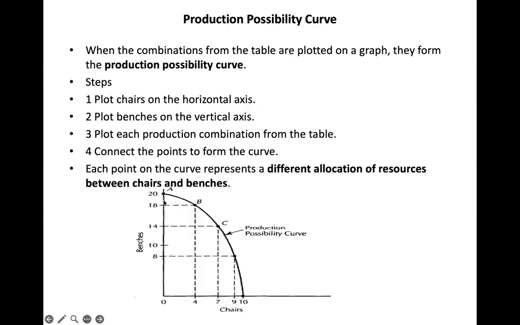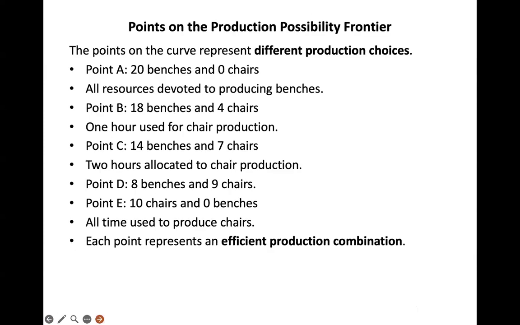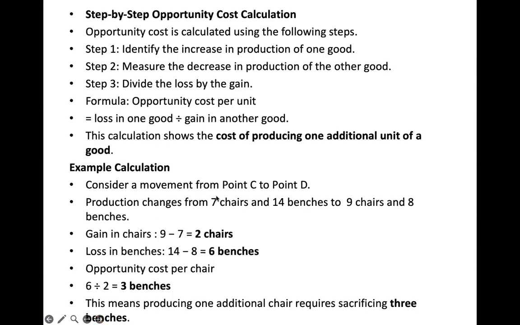Then you need to identify and measure the decrease in the production of the other good. Then you divide the loss by the gain. Hope it's clear. In calculating the opportunity cost, you follow these 3 steps.